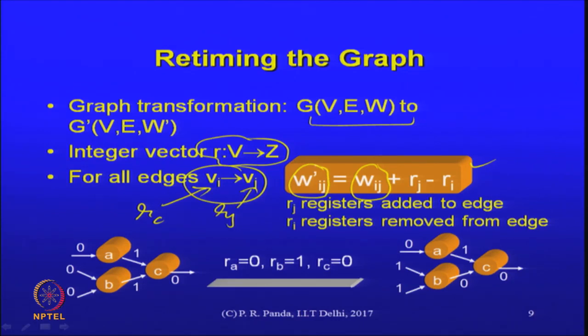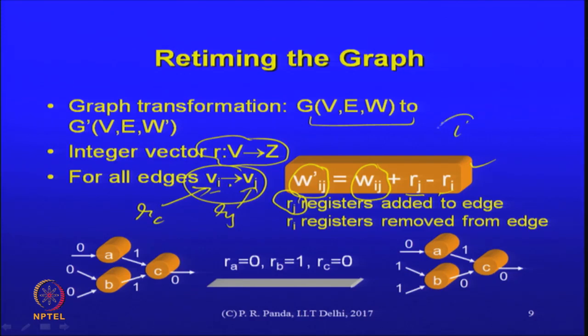the original number plus the number of registers that you are adding to that edge because you move something across Vj. So, some registers were added because of retiming Vj, some registers were subtracted because of retiming Vi. So, the new number would be Wij plus Rj minus Ri, right.